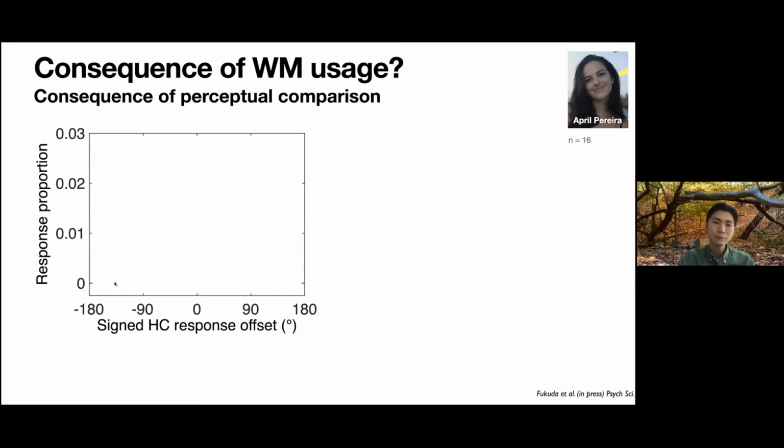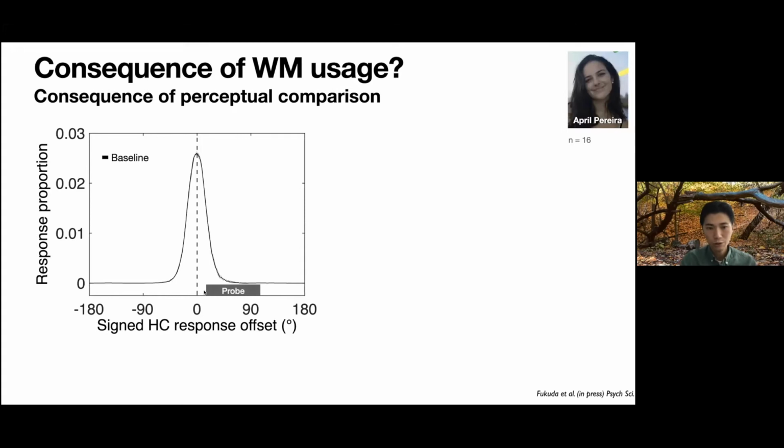So when we look at the response offset distribution for high confidence trials in the baseline trials, what we found is a really nice tight clustering of response offset around the actual target color, showing that the working memory representations are fairly accurate.